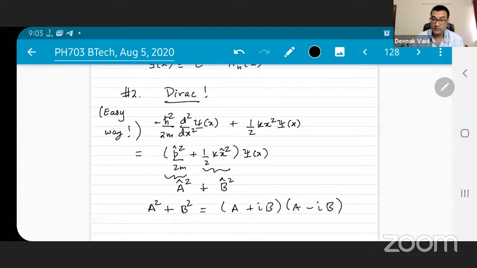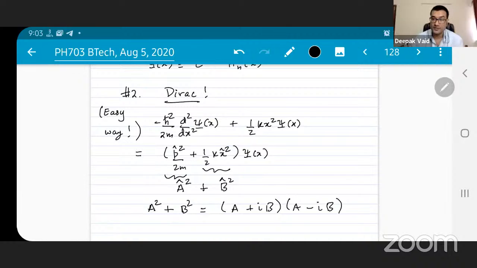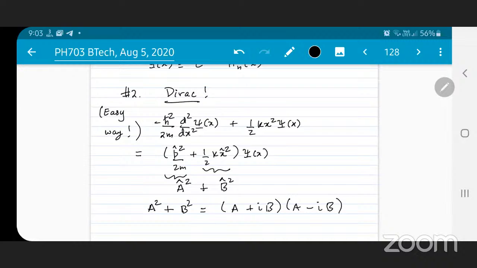You're talking about when we do this factorization, right? So then how is it harmonic? What do you mean, how is it harmonic? When we are referring to harmonic oscillator, we need a harmonic equation, right? And for this only 1/2 kx squared is harmonic.